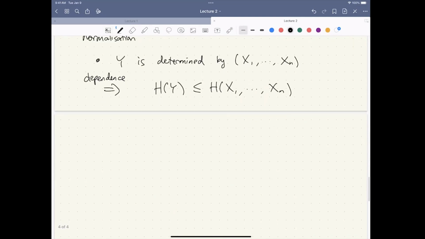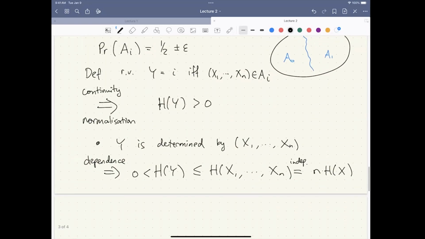Now let's look at the right-hand side. By independence, X1 to Xn are IID copies of X. By independence, by one of the previous lemmas we proved, that is the same as n times the entropy of X. And for the left-hand side, recall, we proved already that Y has positive entropy.